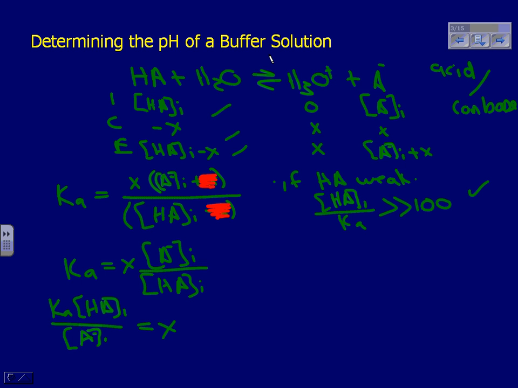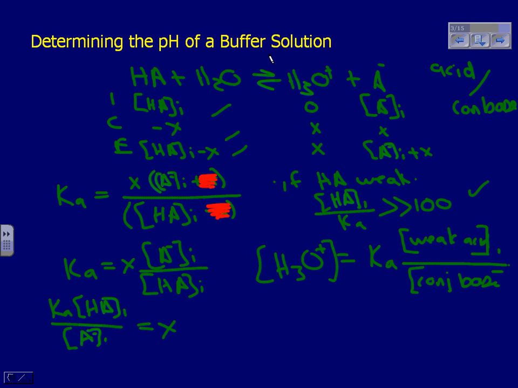Let me rewrite this. H3O plus for a buffer solution is going to be the Ka, the concentration of the weak acid, notice I've now written weak acid, over the concentration of its conjugate base, initial.